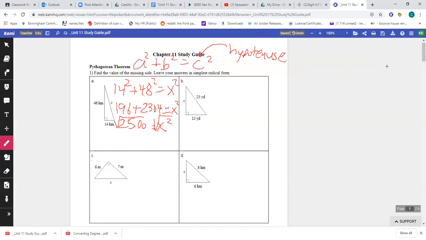If you have an iPhone, you have to press 2,500 and then press the square root button. If you have an Android, you press square root first, and then you press 2,500. So everyone make sure that you get 50 as your answer.